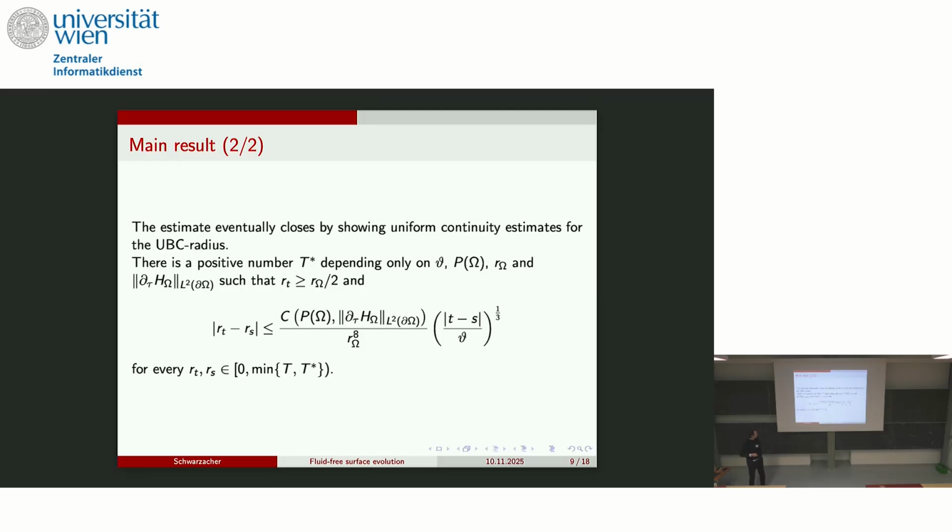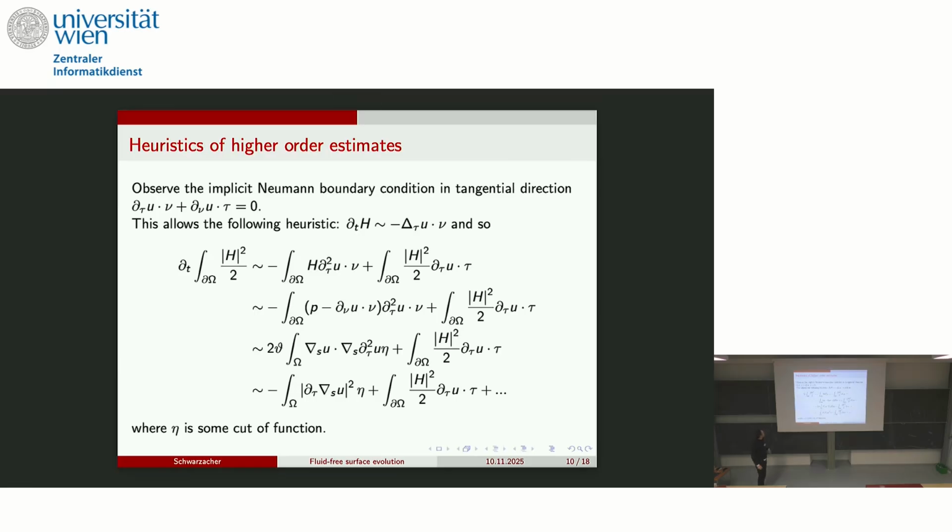Okay, perfect. So here is what you would like to do in principle. You want to differentiate this. You use that the derivative of the curvature is something like the tangential Laplacian in the normal direction, and then you get something like the Reynolds transport theorem. This is already an ugly error term.